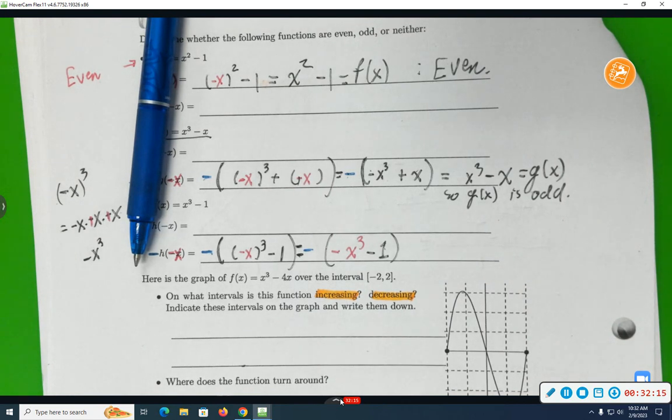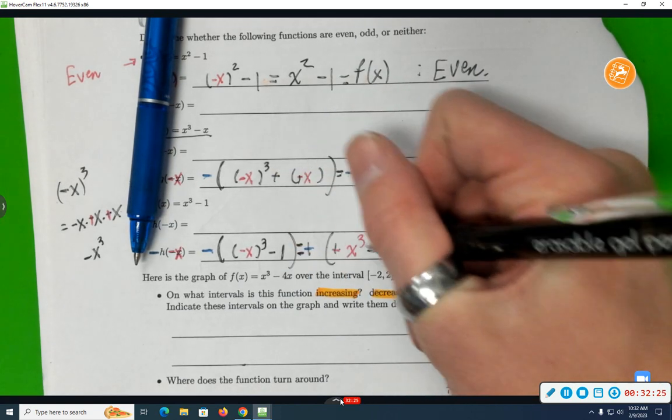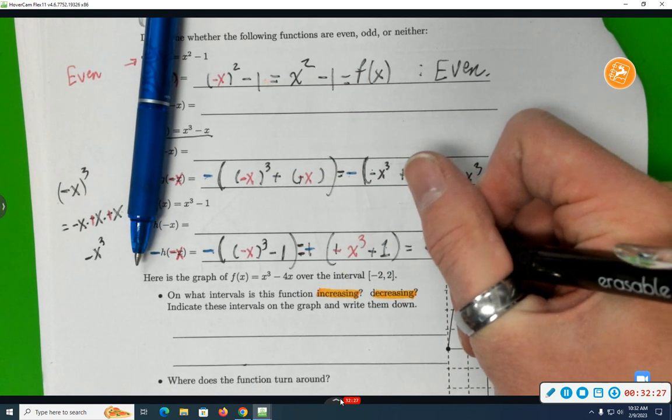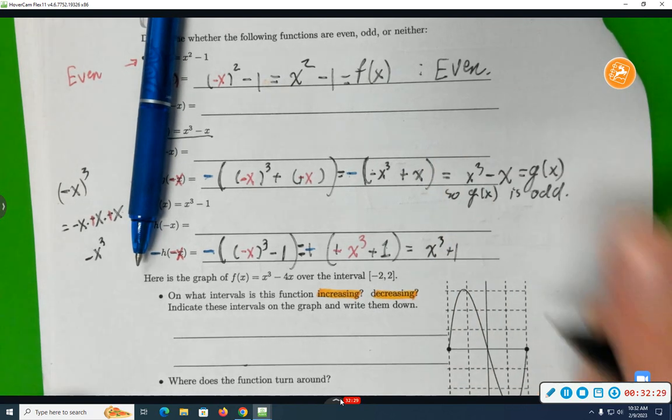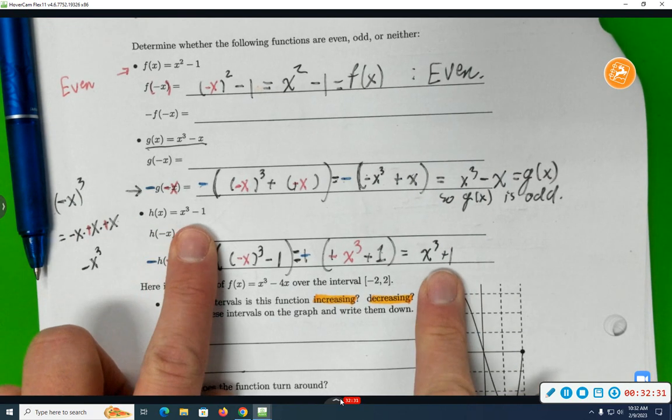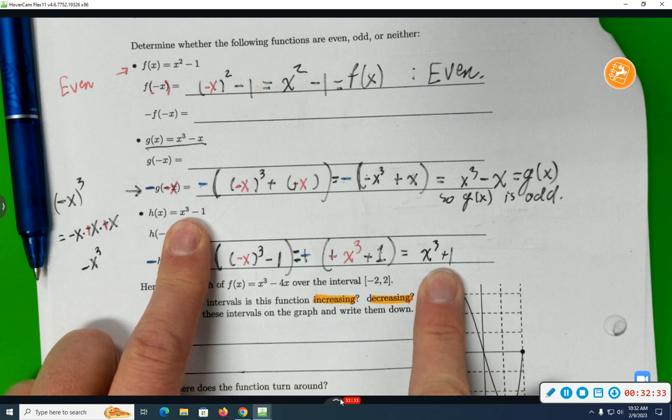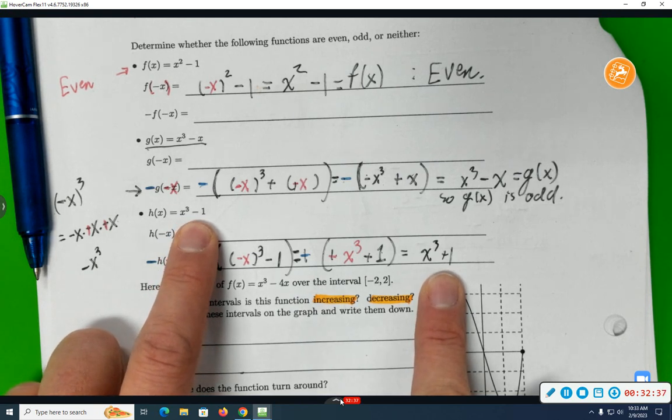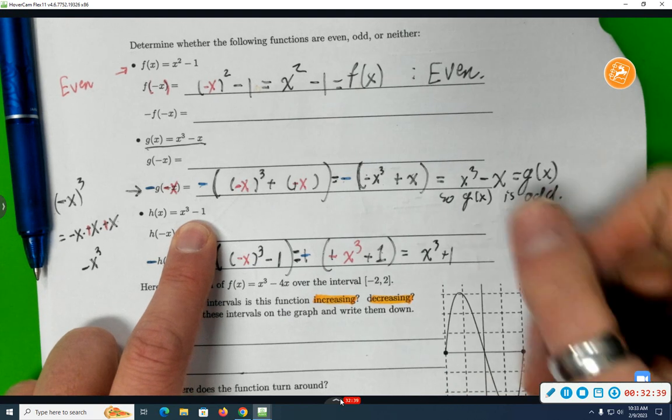Alright. Last, distribute the negative. Then I'll write it out: negative x cubed plus 1. Is that the exact same formula that you had for h of x? Nope. In fact, it's different in a very specific way. There's a negative 1 instead of a plus 1.